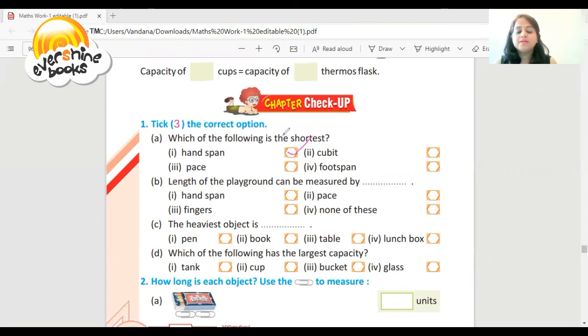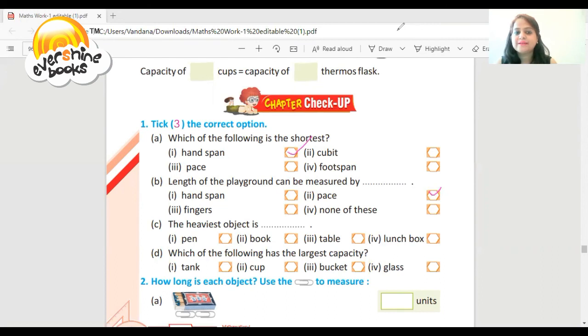Now, the length of the playground can be measured by students. First is your handspan, second is your pace, third is your fingers, and fourth is none of these. So students, take the correct answer. That is your pace. Now students, come to this third point.